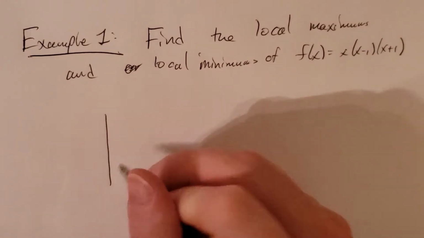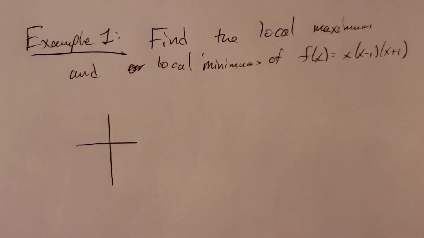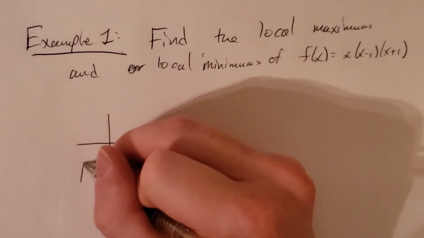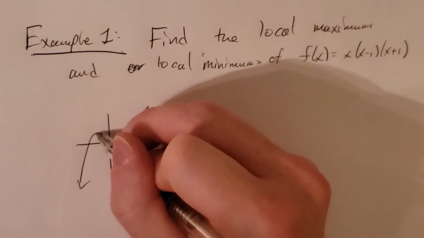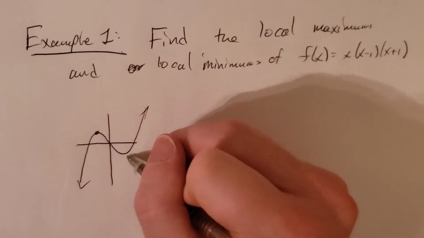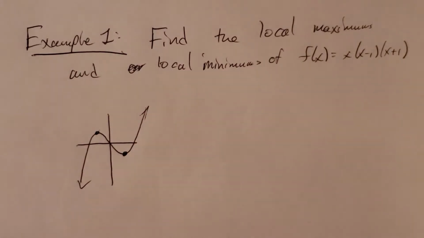Note, we can think of the picture of this function, which looks like this, and we can see that the local max occurs here and the local minimum occurs here. Let's actually find that using calculus, or using our knowledge that we have so far about minimums and maximums.